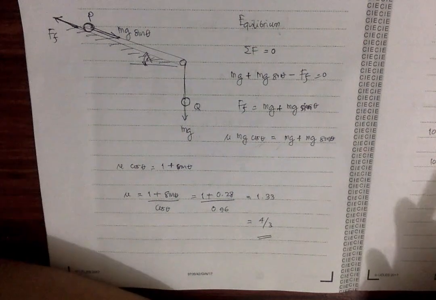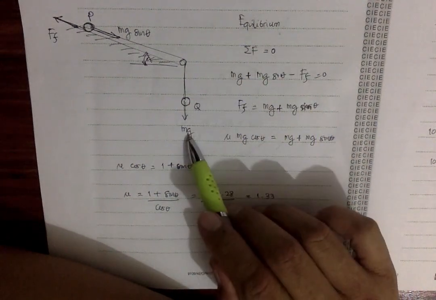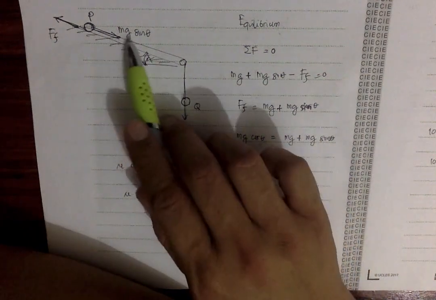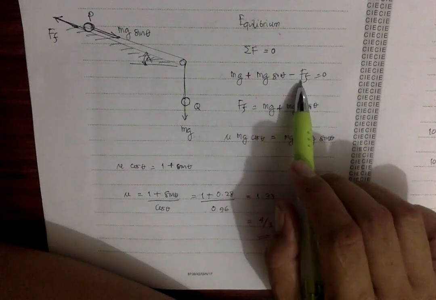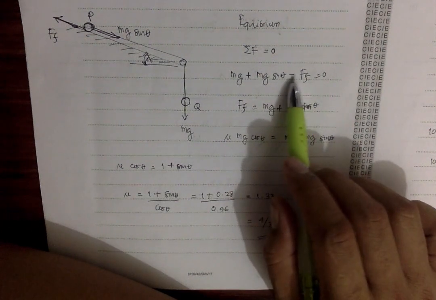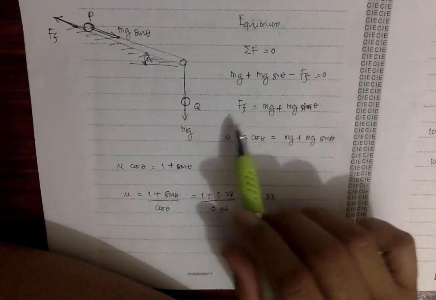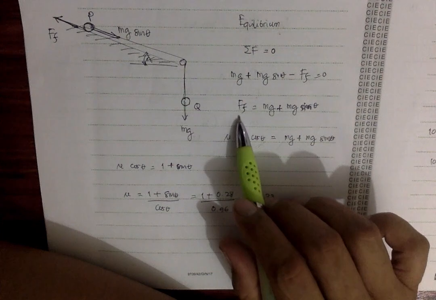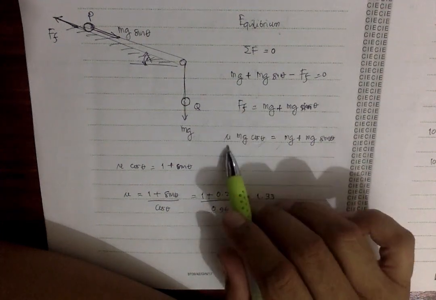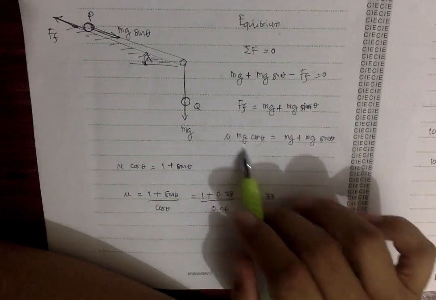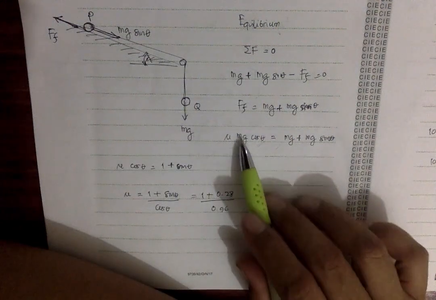In equilibrium, the total force equals 0, by Newton's first law. mg plus mg sin theta, because these act in the same direction, are positive, but the frictional force is in the opposite direction, so it is negative, and the sum equals 0. So frictional force equals mg plus mg sin theta. Then frictional force equals mu times normal contact force, which is mg cos theta.